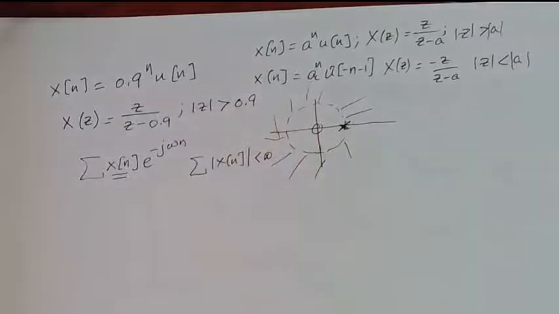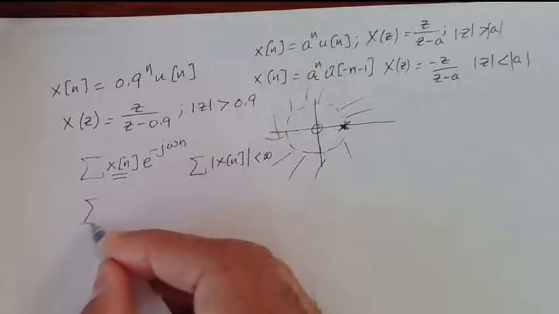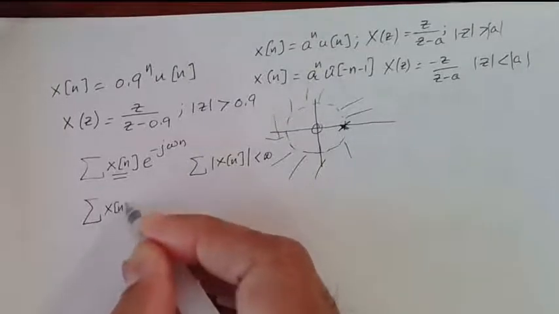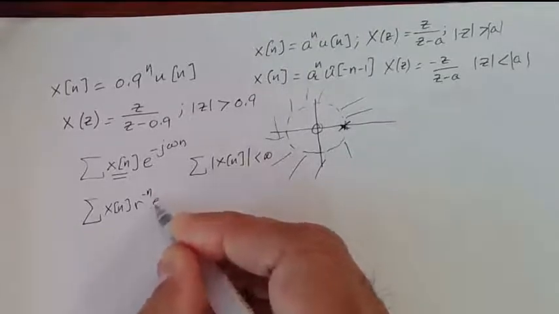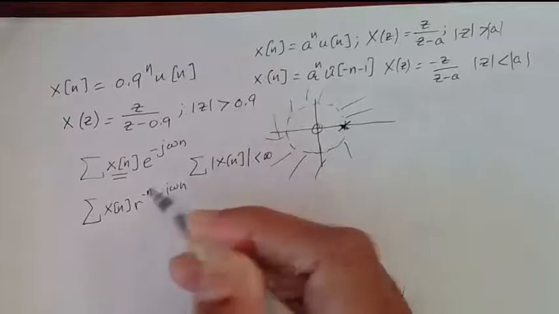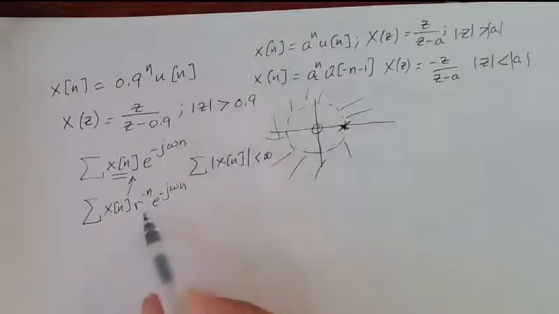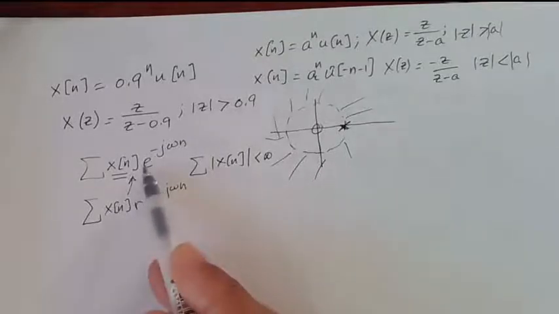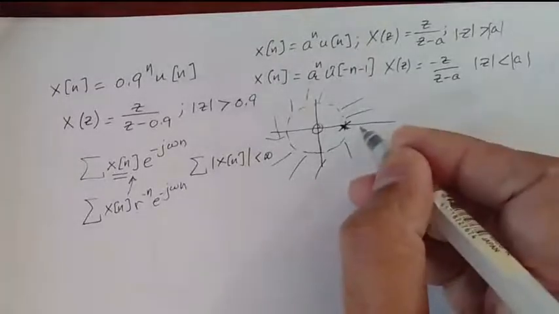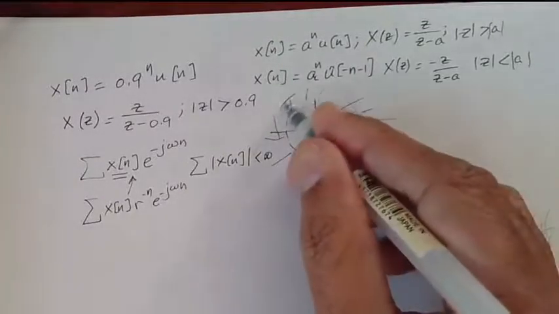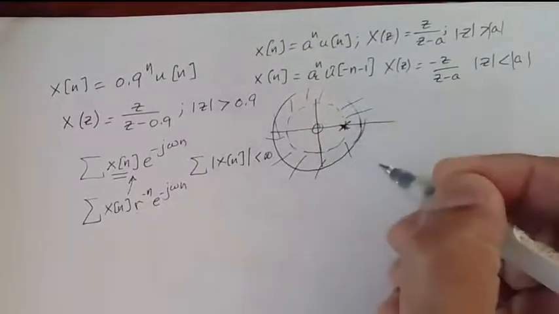Well, I can still find the Fourier transform, because remember what we did when we went to the z transform: we said we're going to take x of n and multiply it with r to the minus n, e to the minus j omega n. So in order to go from the z transform to the Fourier transform, all I have to do is set r equal to 1, and I'll get the discrete time Fourier transform. Setting r equals 1 means the circle of radius 1 in the z-plane.